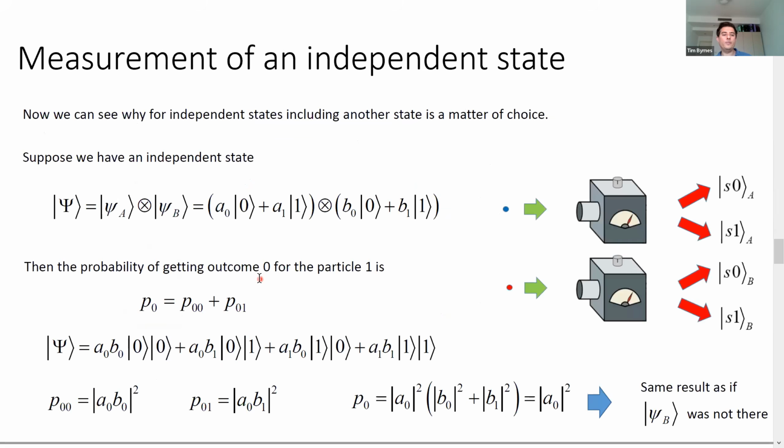So let's have a look at that again and make sure that is the case. Let's look at the case where you have Alice and Bob. Alice has this qubit, Bob has that qubit, and they're supposed to be completely independent. Maybe this one is in China and the second one is in Brazil, so they have nothing to do with each other.